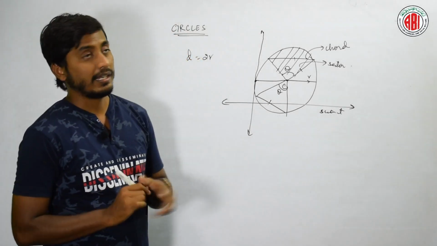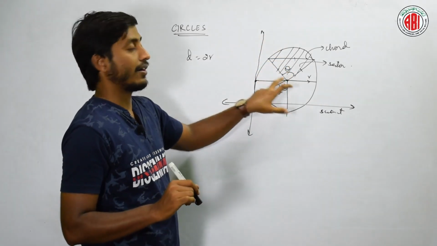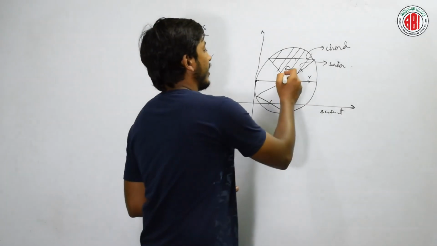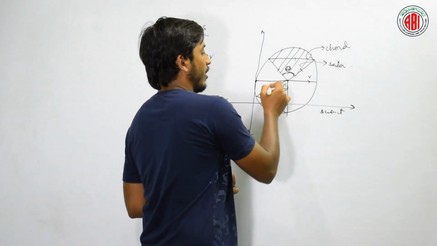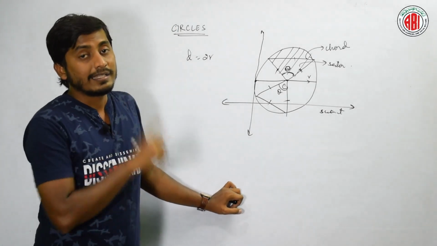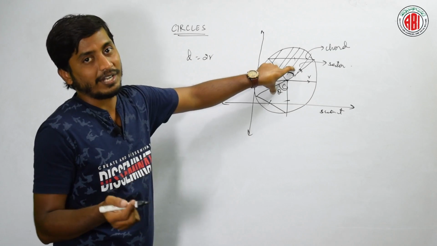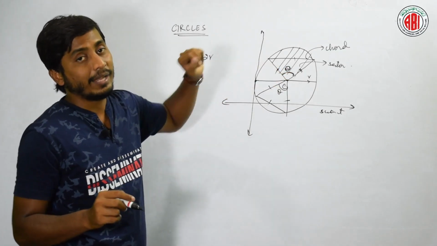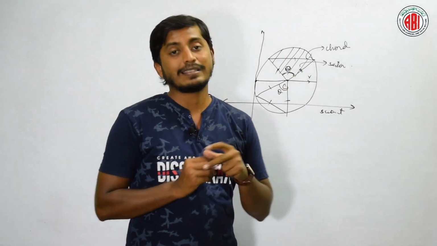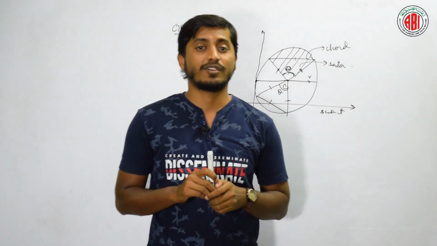Two chords making equal angles at the center are always equal. How can we prove it? Here the angle is equal, and obviously these radii are equal. Then by SAS congruency, both the triangles are congruent. Congruent triangles mean all the sides are equal. By CPCT we can tell that these two chords are always equal. Clear?